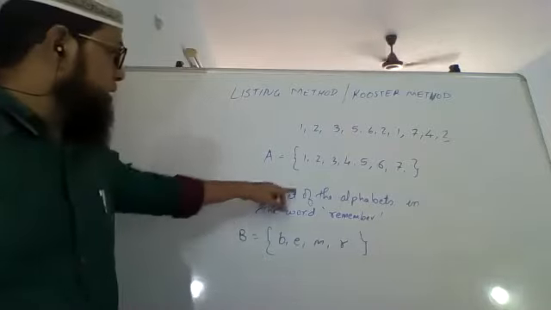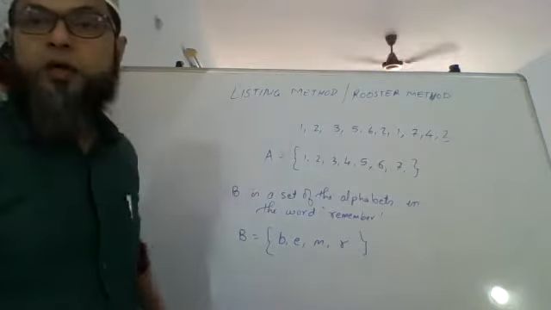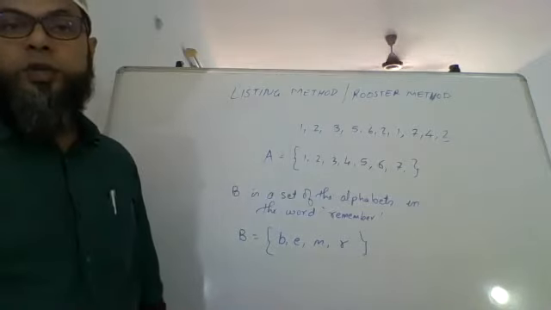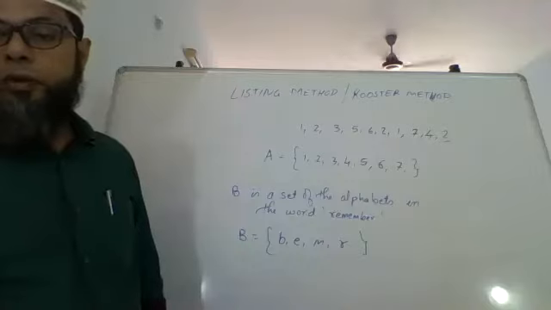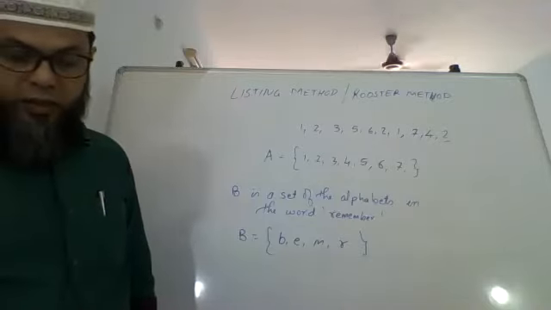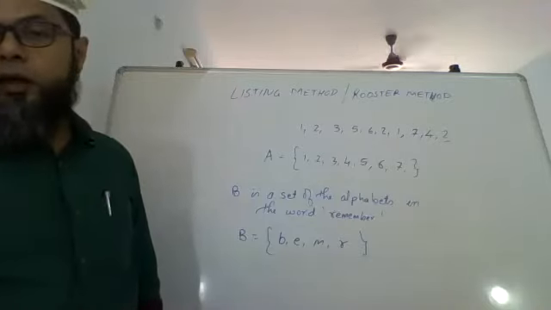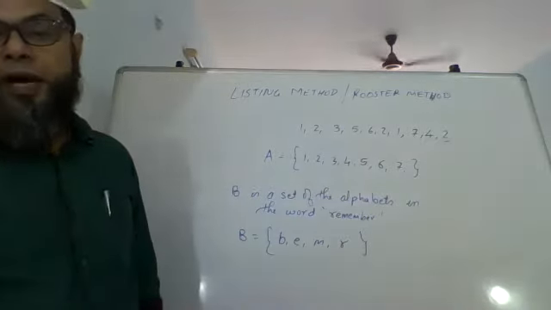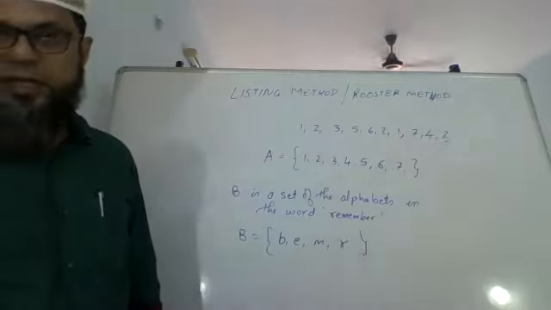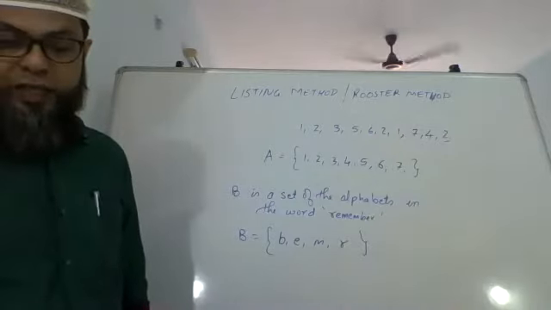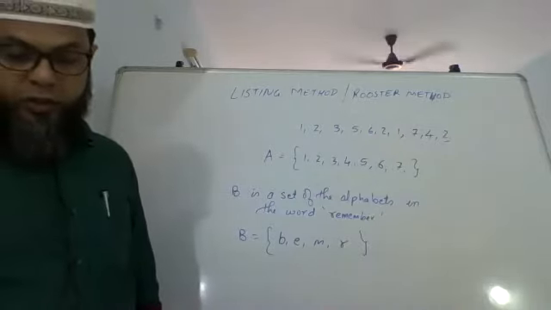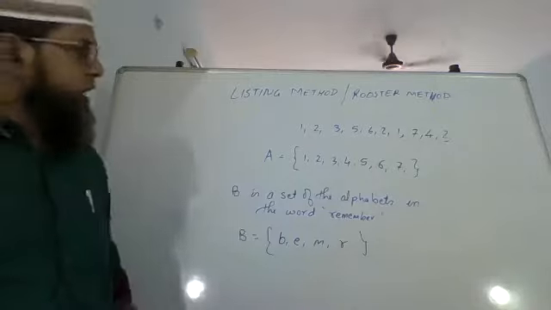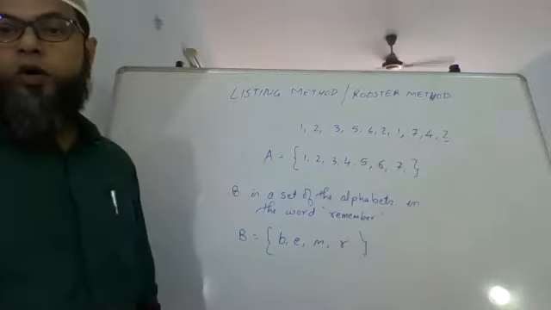ये लिख लो, B is a set. ये भी लिख लो, यहाँ से यहाँ तक लिख लो, so that you understand what is roster method. Please copy this fast. Then, because the next method is going to be more interesting. Okay, that is what is the interesting part in this chapter. बस इतना ही interesting part है ये chapter में. The next one that is going to be there, rule method or set builder form, that we are going to see later on. पहले ये copy कर लो, और हो गया तो मुझे बता देना.